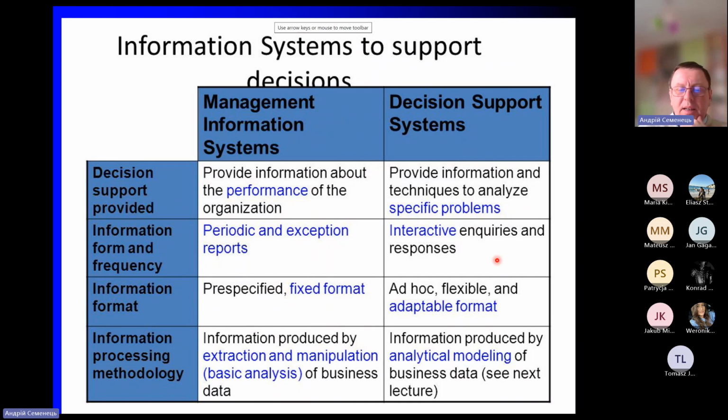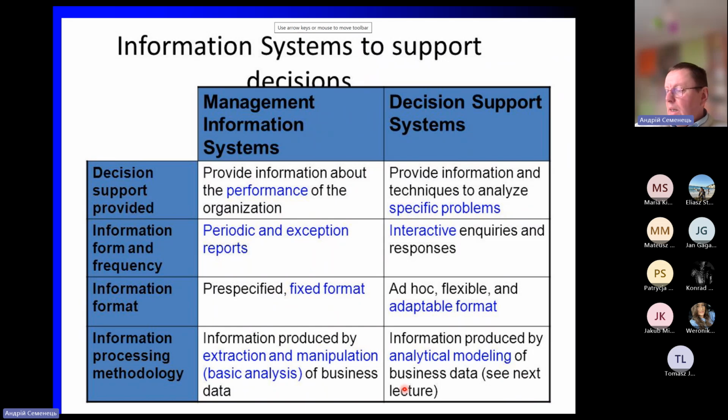MIS work with fixed data formats, while DSS and expert systems are adaptable to different types of format. And here is information processing. Last point, most interesting. We have manipulation like basic analysis, reporting, visualization, extraction, manipulation of basic analysis of data.